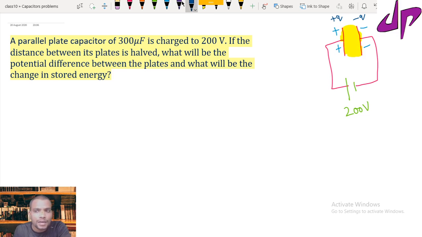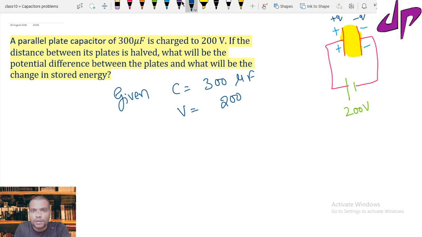Now, in my first case, I would like to find what is the energy stored and what is the charge. Given C equal to 300 microfarad and potential V equal to 200 volt. To find the charge, Q equal to CV, that is the relation between charge and potential.